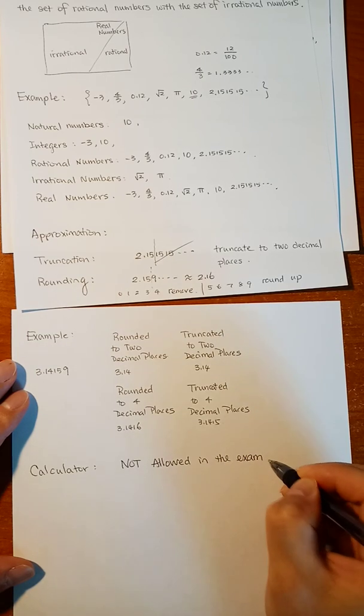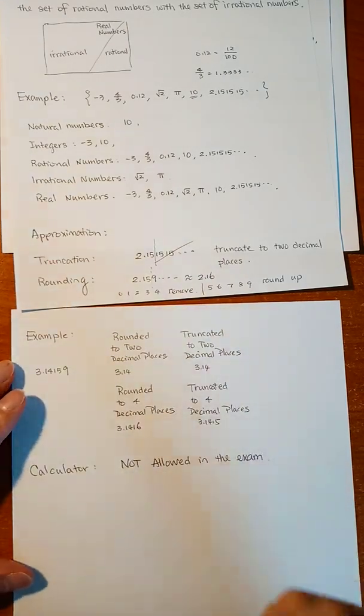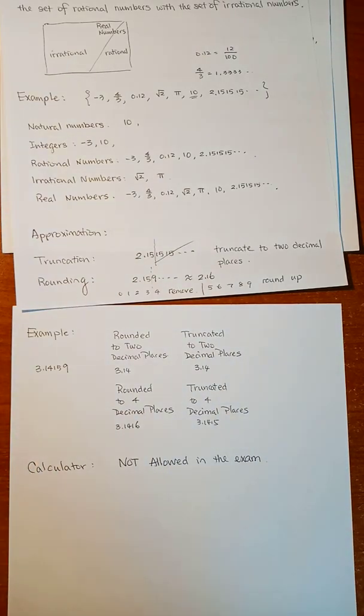In the exam, you are not supposed to use any calculator to compute anything. Okay? So in the exam, don't write decimal numbers. Write all the numbers as rational numbers.